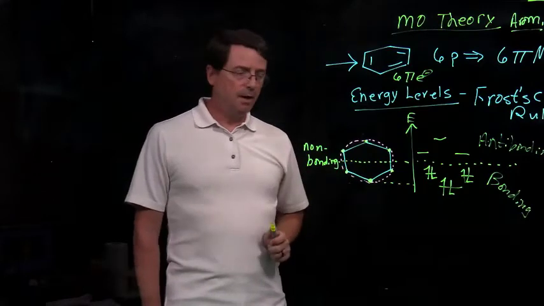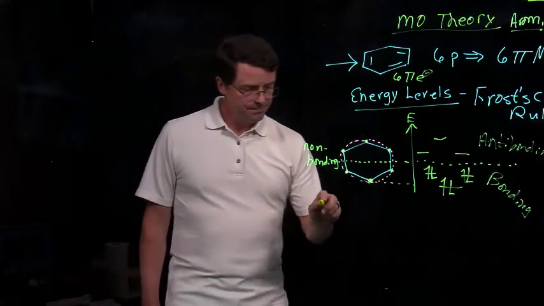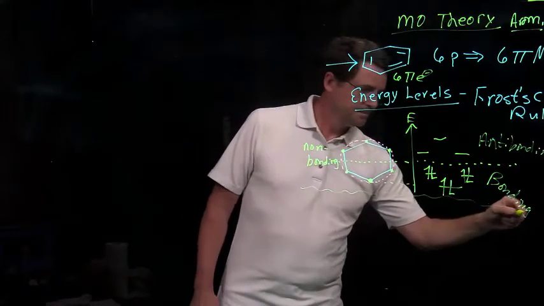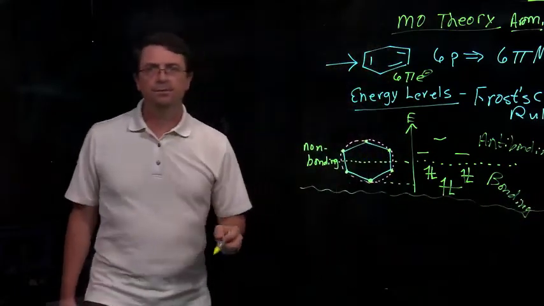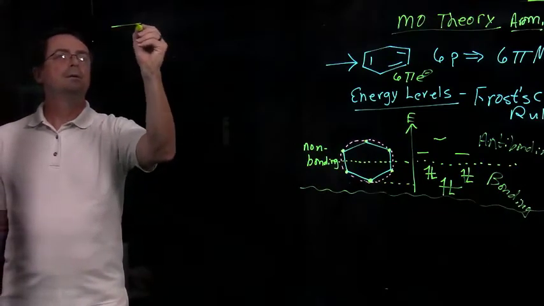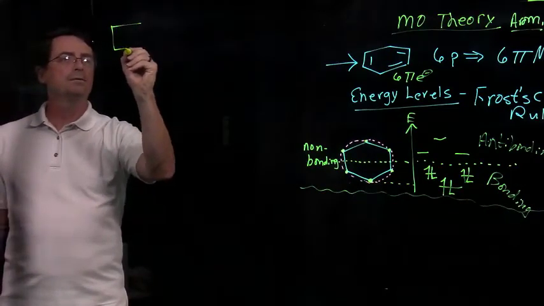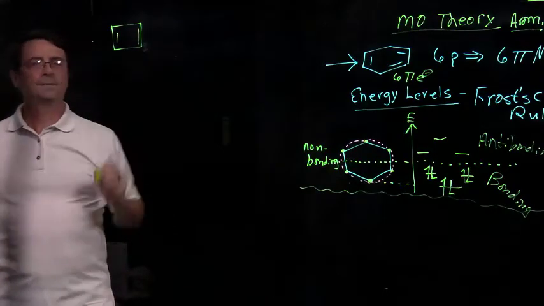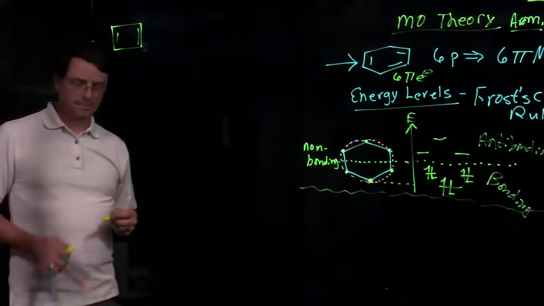And so this gives us a very stable electronic configuration. Now let's contrast that to a square version of cyclobutadiene.